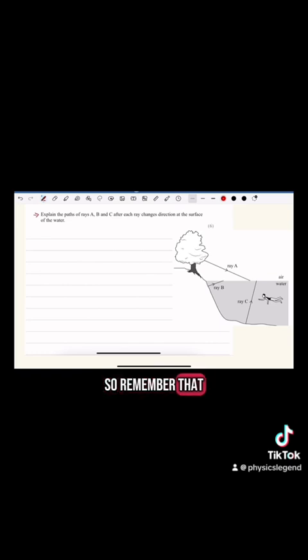So remember that you draw the normal. One more point: the incident ray comes from the air, which is less dense, to the water, which is more dense. So the refracted ray changes direction and refracts close to the normal.